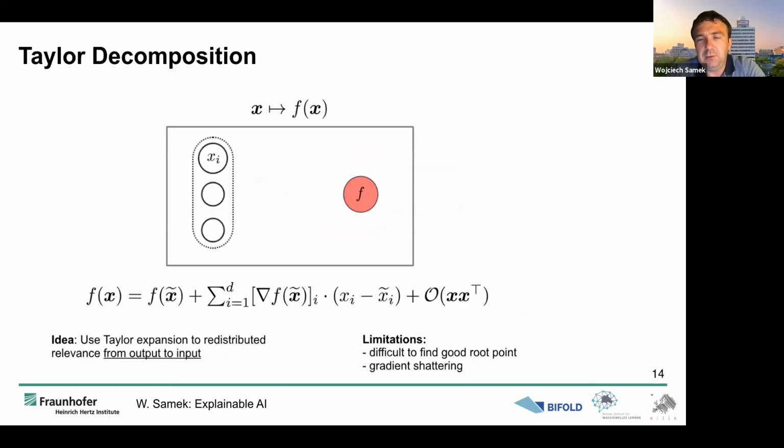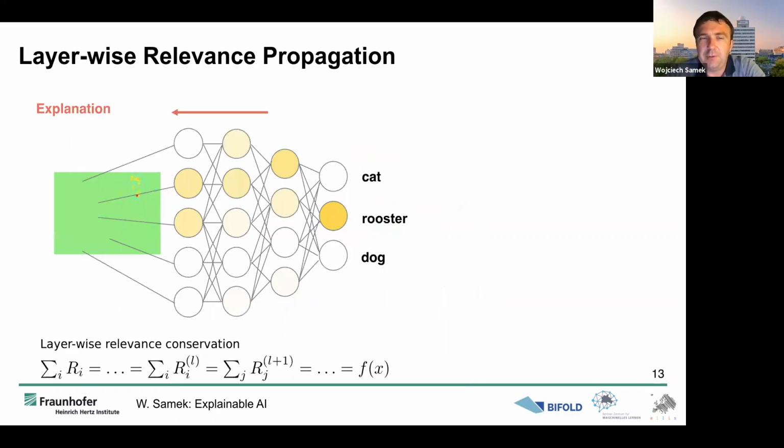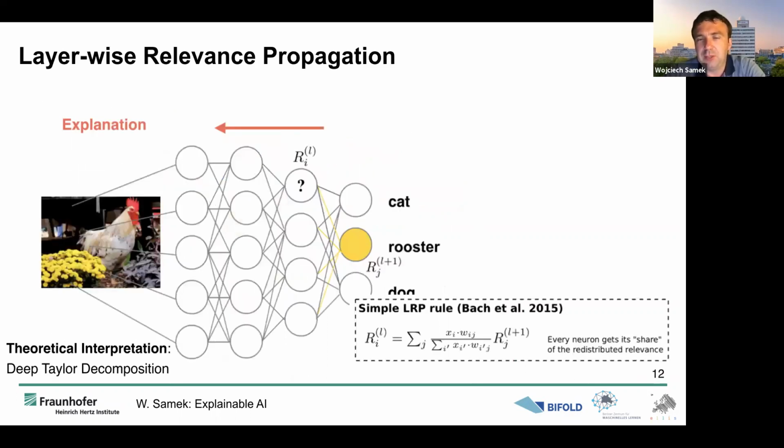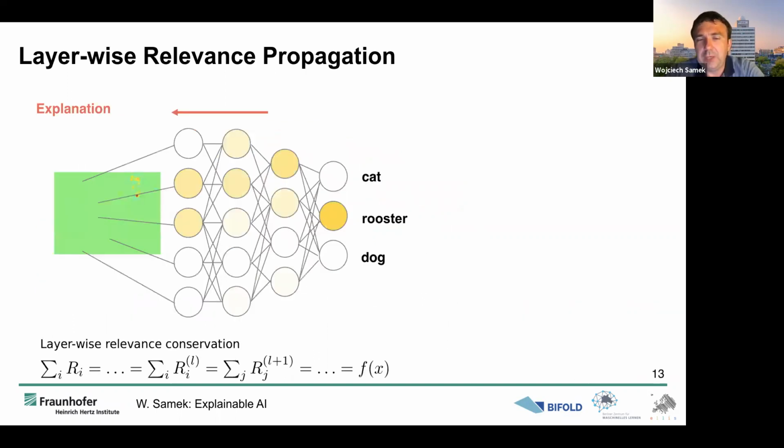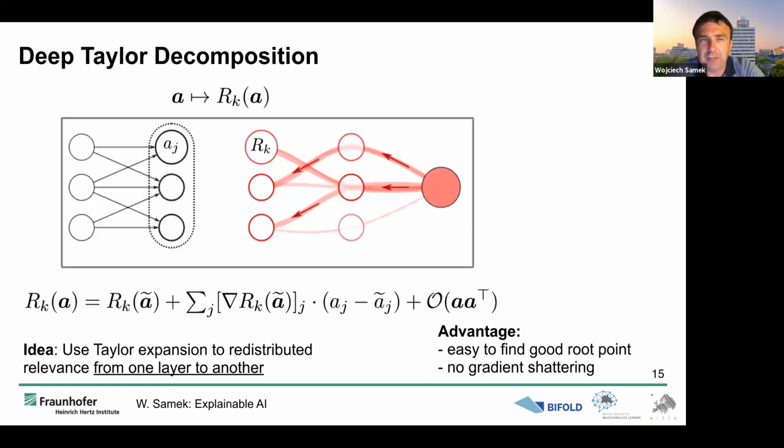Here we initially came up with an intuitive rule. We just thought about a good rule, how to do it, and came up with it. Now we are using a tool from mathematics, Taylor expansion. We represent the relevance as a function and use Taylor to guide us how to redistribute relevance.